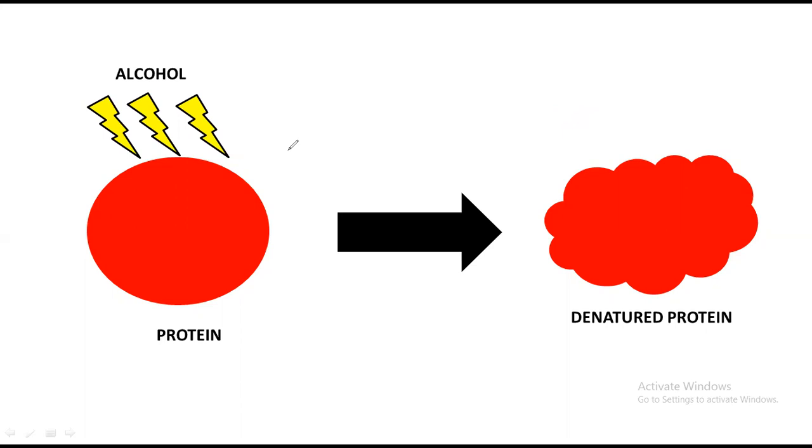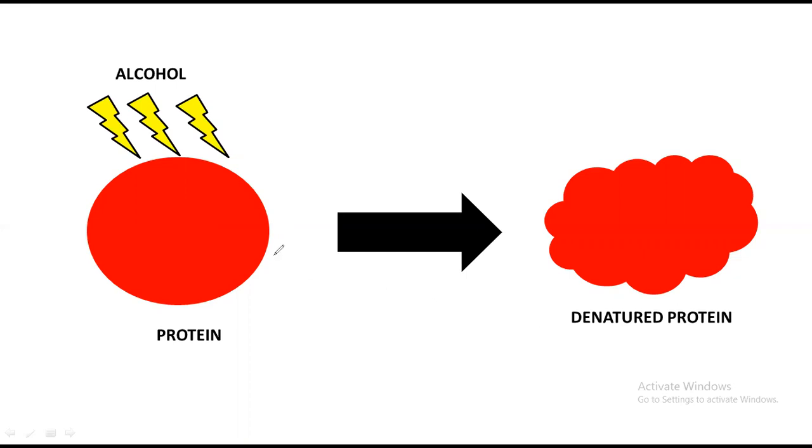So what is the action of alcohol on proteins? What action does alcohol perform on protein? Whether it is concentrated or diluted, it basically denatures the protein.